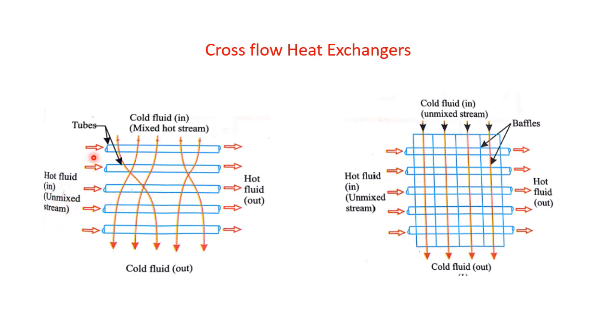That means the hot fluid is flowing in the tubes separately. It is not mixing with each other, and the hot fluid is taken out from here. But this cold fluid is in the mixed stream.